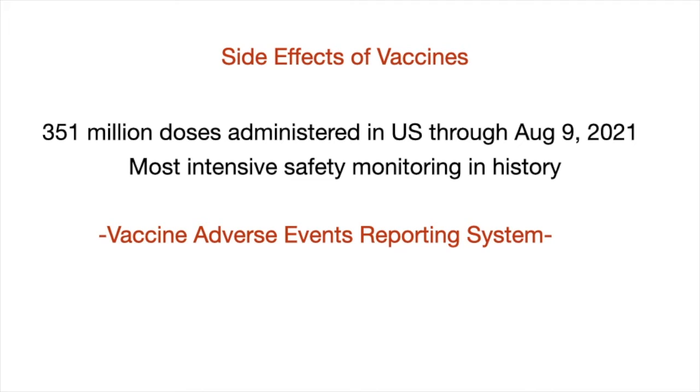So you will hear news outlets talk about the reporting system and how many side effects have been registered there. But what you need to know is that none of these have to be verified. Anybody can register a concern.